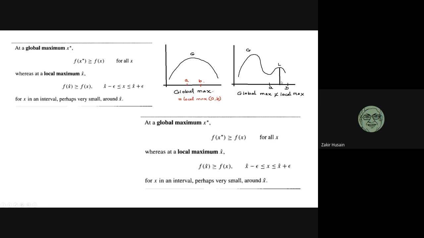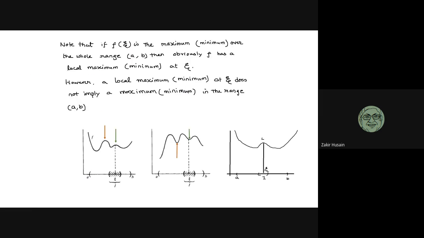The global and local differ in this range. In this, the global and local are equal. So if I have a global maximum, I'm always going to have a local maximum. But if I have a local maximum, then the global maximum need not always exist.